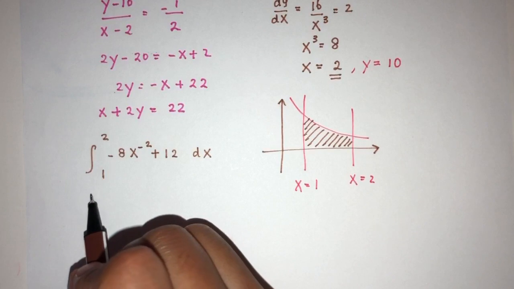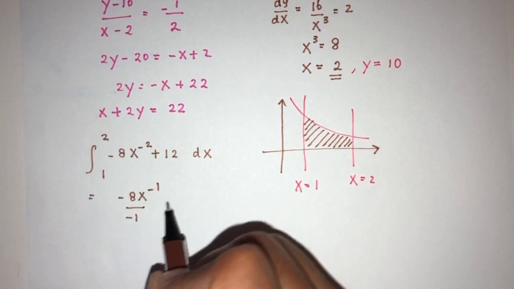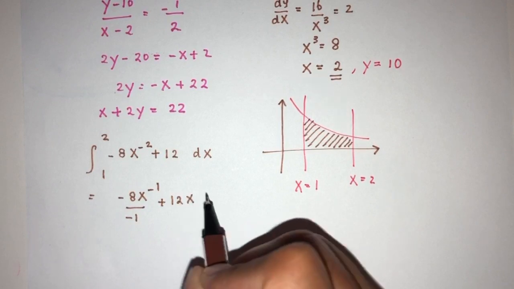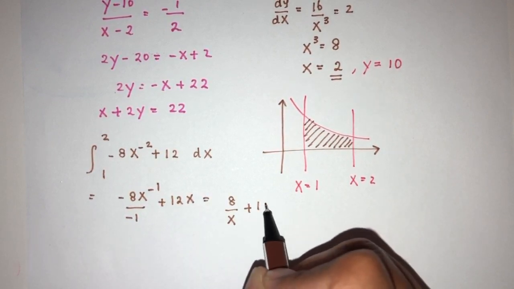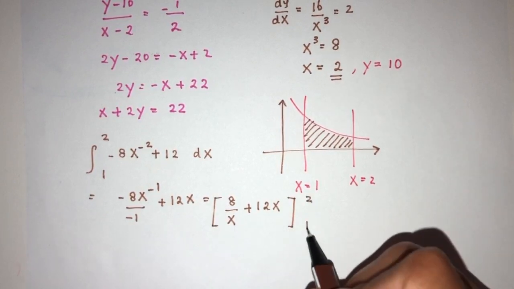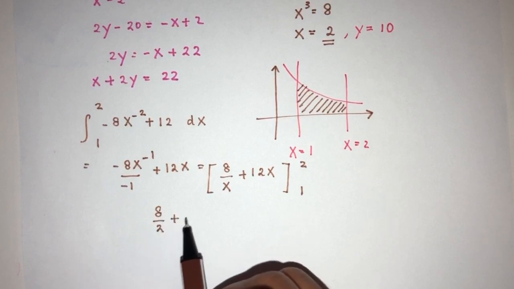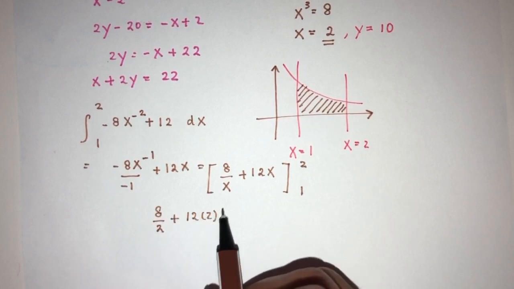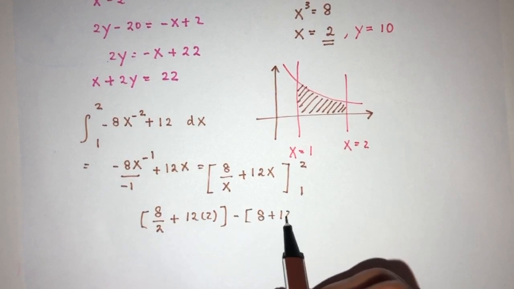So let's see what we can do here. That will be minus 8 to the power of minus 1, divided by minus 1, plus 12x. That will be 8 over x plus 12x. That will be from 2 to 1. 8 divided by 2 plus 12 times 2, minus 8 plus 12.